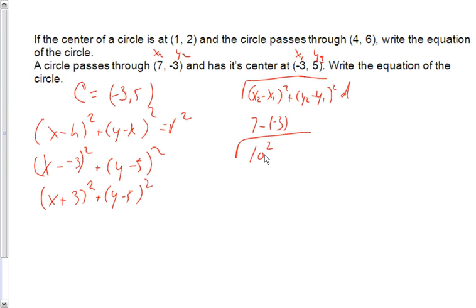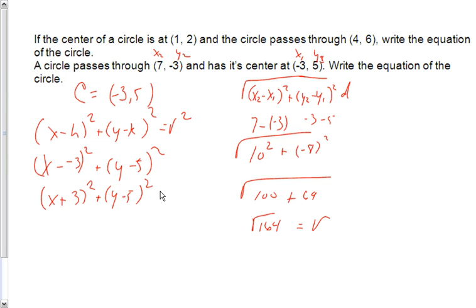If you did it with negatives, it'd be negative 10 squared, still the same thing. Then we have negative 3 minus 5, well, negative 8 squared. Okay, 100 plus 8 times 8 is 64. The square root of 164. Okay, well that is the radius.